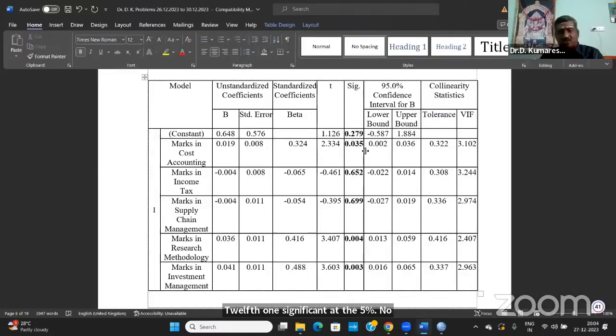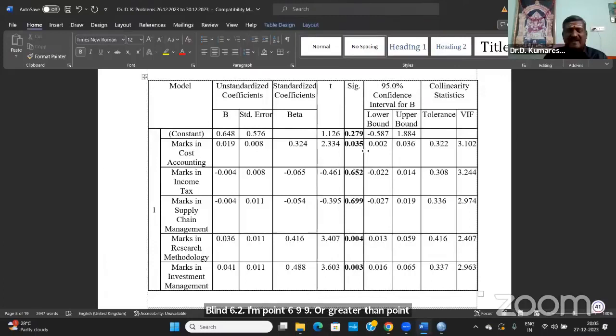Now we compare B1, B2, B3, B4, B5 and the P values. Look at the P values. 0.652 and 0.699 are greater than 0.05.